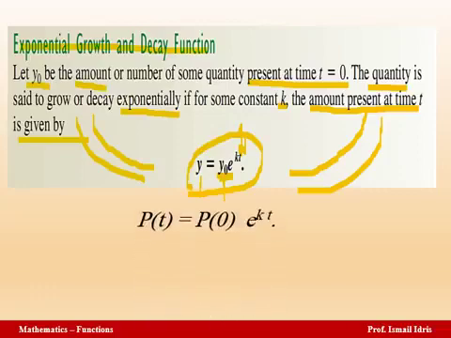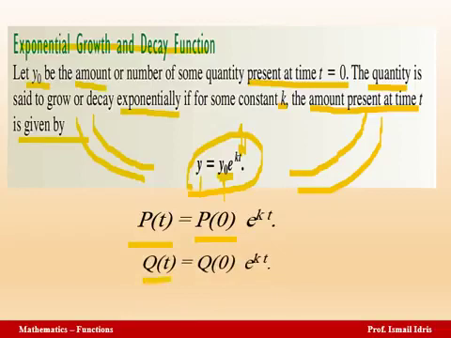Sometimes we don't use y and y naught. We use b of t, the amount at time t, equals b of 0, instead of y naught, we use b of 0, the amount at time t equals 0. Some other times we use q for quantity.